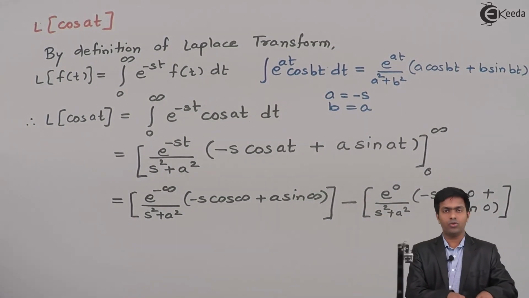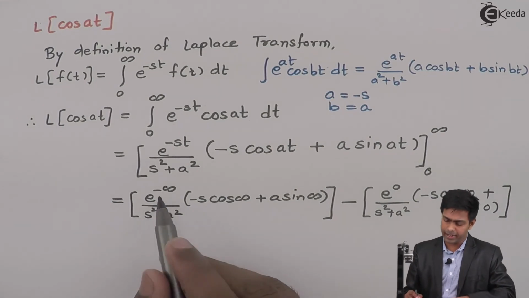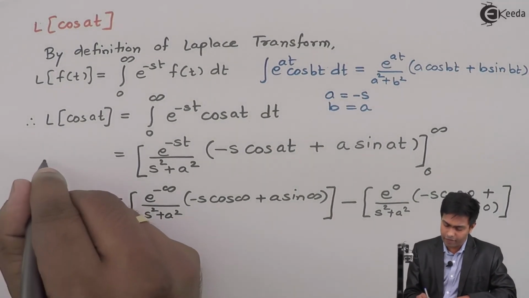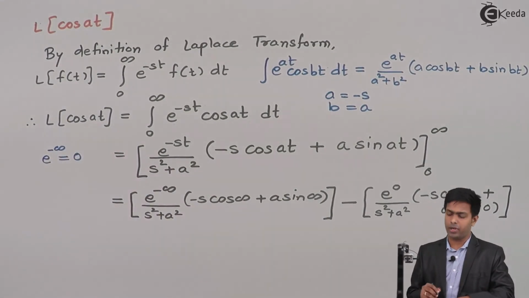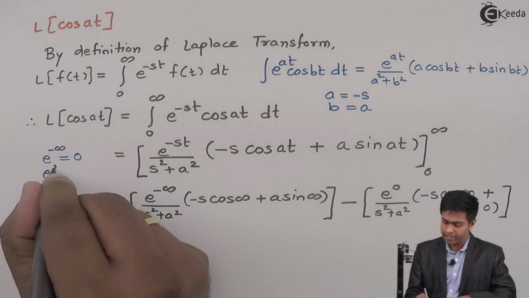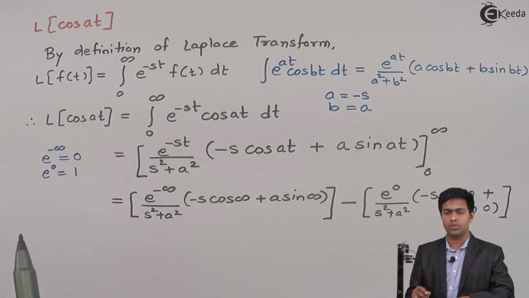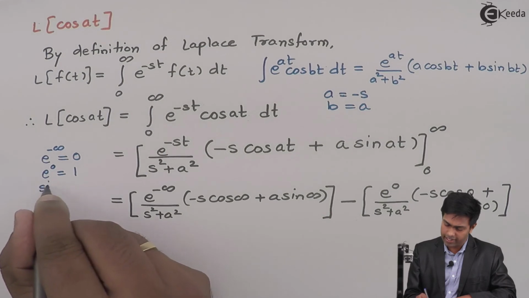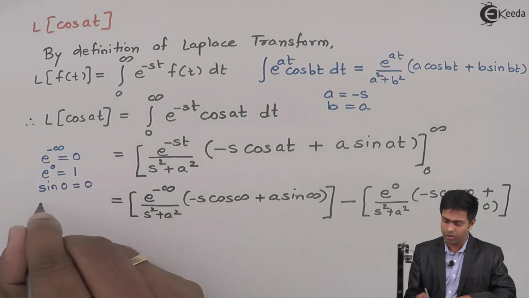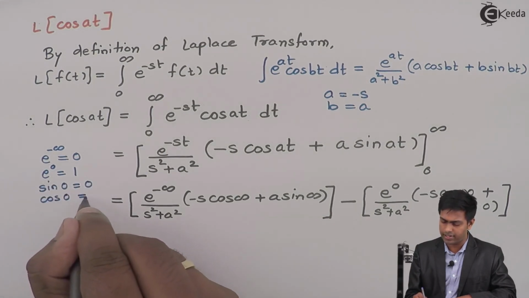Now we'll use some formulas: e raised to minus infinity is equal to 0, this is the first formula. Then we know that e raised to 0 is equal to 1. Then we'll use the value of sin 0, which is 0, and the value of cos 0, which is equal to 1.